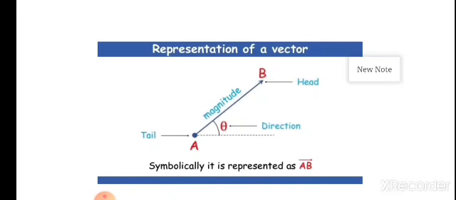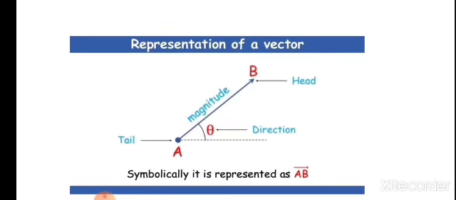The magnitude of a vector is independent of the direction and it is always positive. So A is the tail and B is the head. It makes some angle while it is traveling, so that indicates the direction. Symbolically it is represented as vector AB.